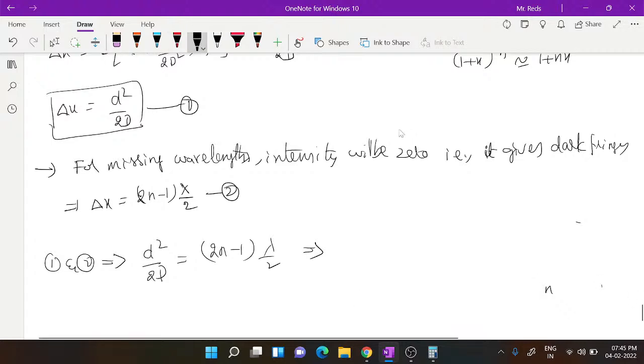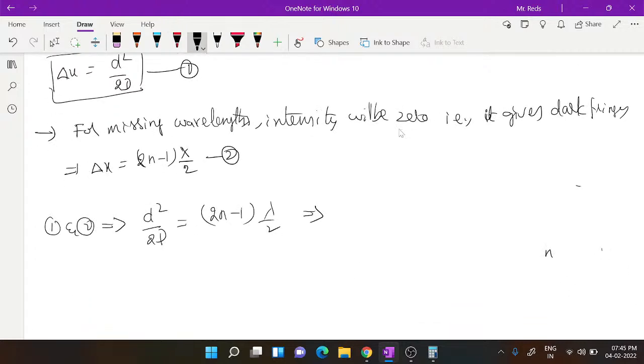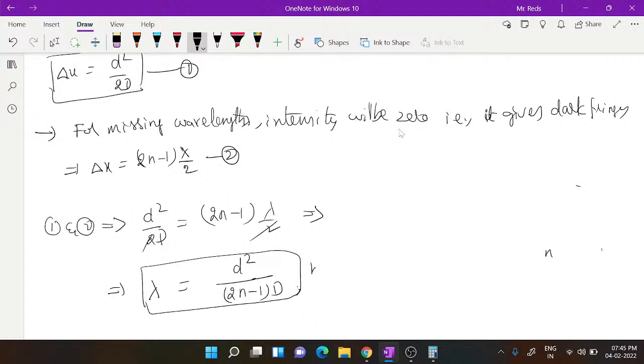So from this, lambda is equal to, the 2 goes to the numerator and this comes to the denominator, and the 2s cancel, so you will get d square by (2n minus 1) into capital D, where n is equal to 1, 2, 3 and so on.